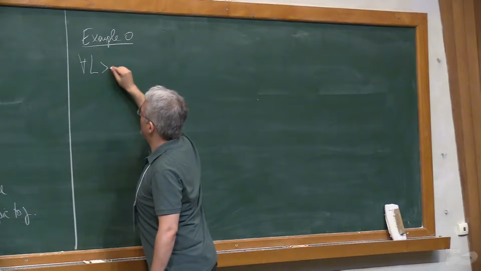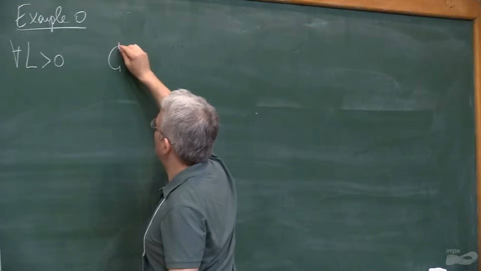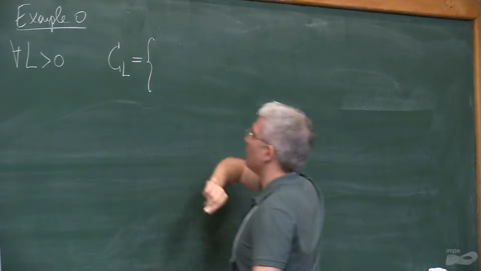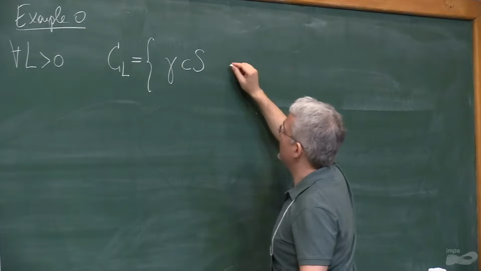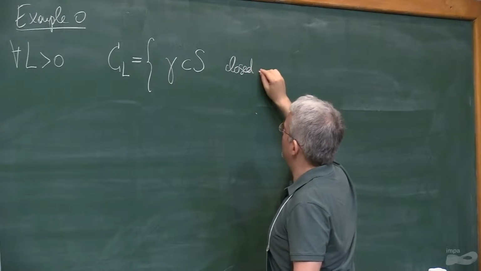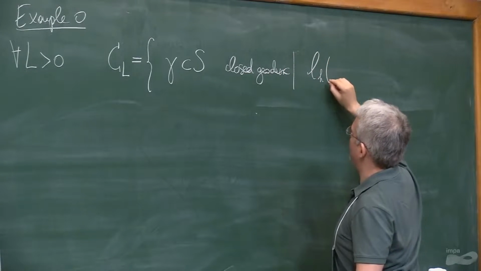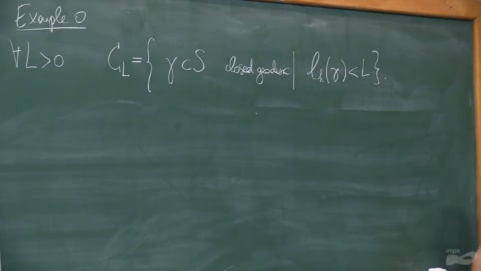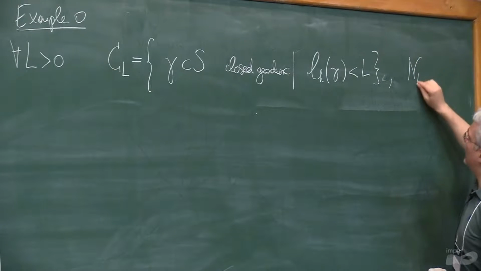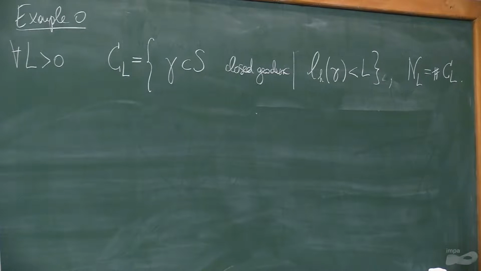You pick a real number, and you define, let me call it C_L, the set of gamma in S, closed geodesic, such that its length with respect to H is less than capital L. And we call N_L the number of such curves. And you want to understand how many of these we have.